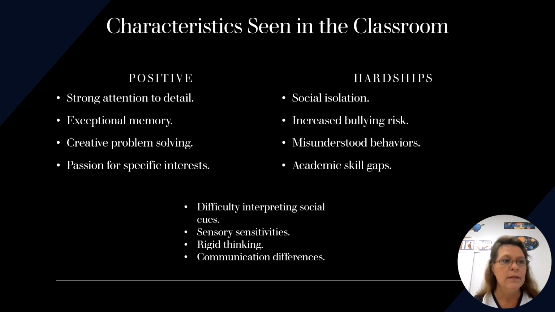And then other characteristics that you might see would be, again, difficulty interpreting social cues, as well as the sensory sensitivities that I mentioned. Some of those could be loud noises or lights.